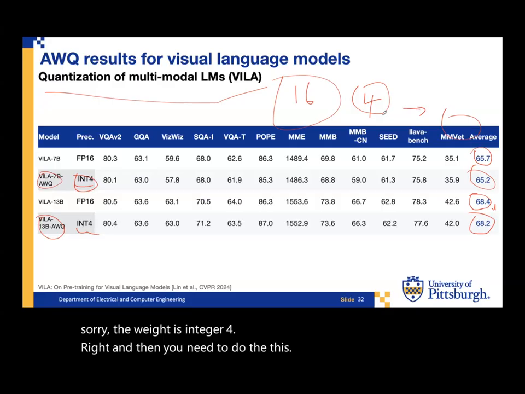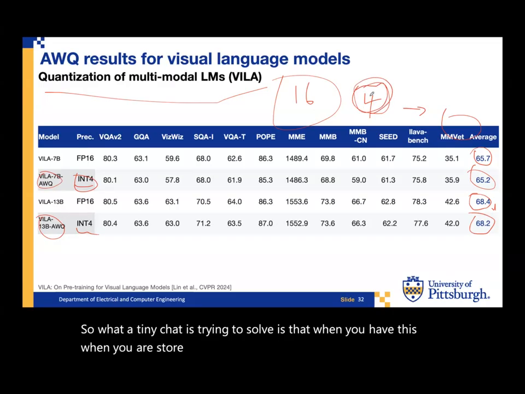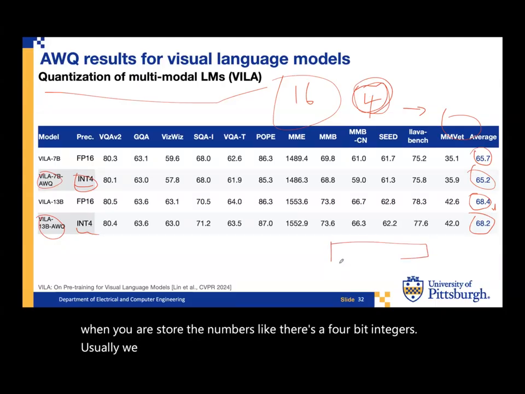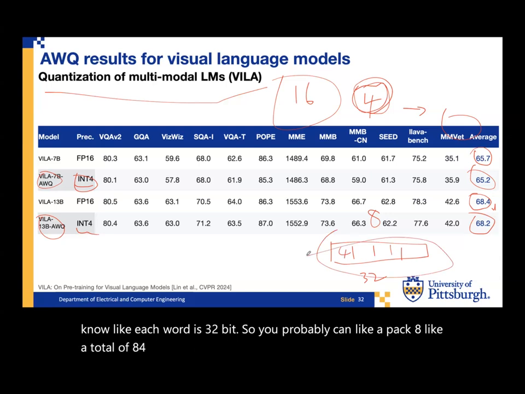So what TinyChat is trying to solve is that when you store numbers like these 4-bit integers, usually we still store them in memory in words, right? So we know each word is 32-bit. So you can pack a total of eight 4-bit numbers into one word, right?